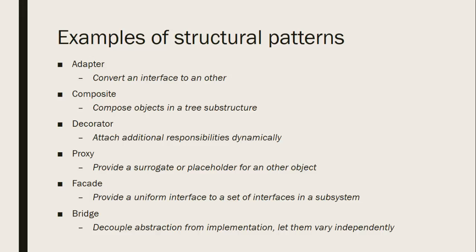Proxy pattern provides a surrogate or placeholder for another object. A facade pattern provides a uniform interface to a set of interfaces in a subsystem. A bridge pattern decouples an abstraction from its implementation and lets them vary independently. That is, both abstractions and implementations can vary independently of each other.